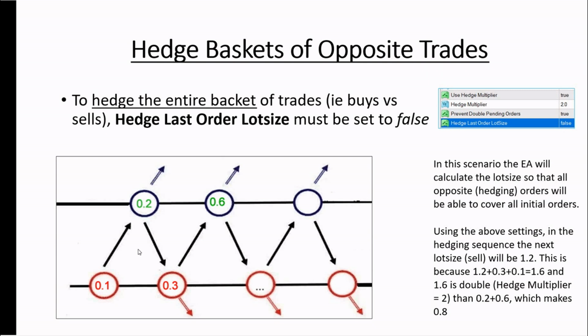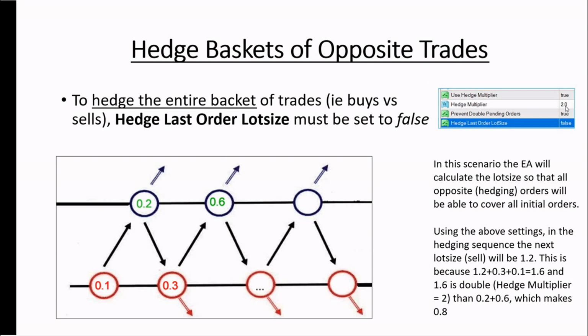So in this scenario right here, let's say you open a sell which is 0.1. The Expert Advisor will, with these settings right here, using the hedge multiplier set to true and the hedge multiplier being 2, which is double, it means that the next hedging order will be 0.2, and then the next hedging order will be 0.3, and that is because 0.1 plus 0.3 equals 0.4, and 0.4 is double the opposite, which is so far 0.2.